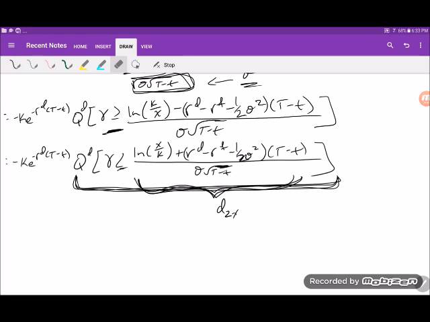Actually, not that. I'm going to superscript it just to differentiate it from d2 of the Black-Scholes model, which is of course just r here, because we don't have the two different interest rates.